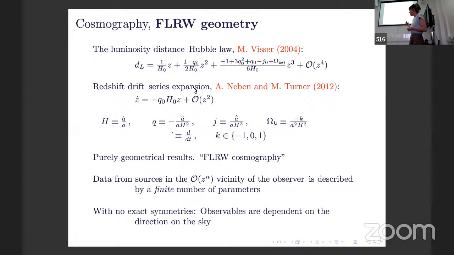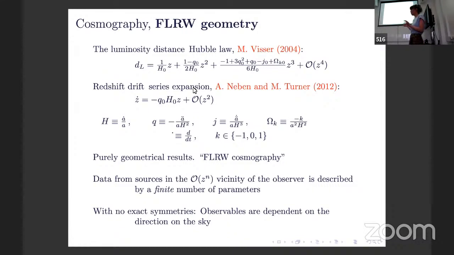Okay, so before we move on to talking about how these observables look in a general geometrical setting, I'll just remind you of how one can formulate these observables when we are in the Friedmann-Lemaitre-Robertson-Walker, or FLRW, class of universe models.